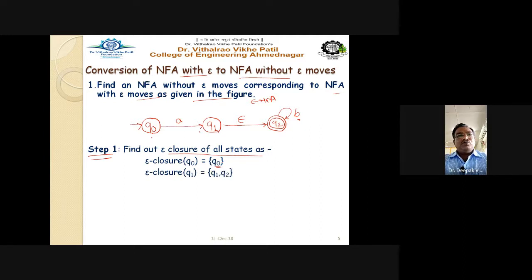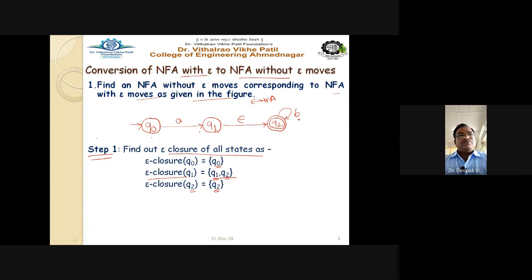Then ε-closure of Q1: first include the state itself, Q1, and Q1 on epsilon goes to Q2, so Q2 is included. So ε-closure of Q1 is Q1, Q2. Then ε-closure of Q2: there is no epsilon transition from Q2, so the state itself is included, Q2.